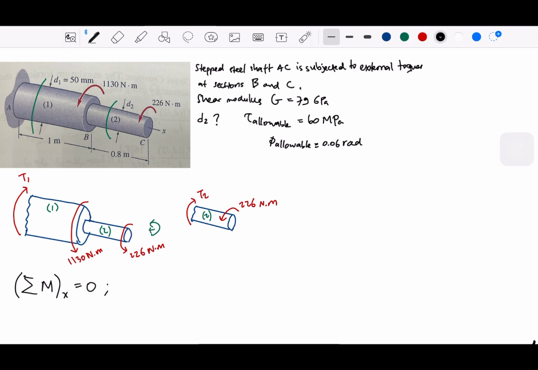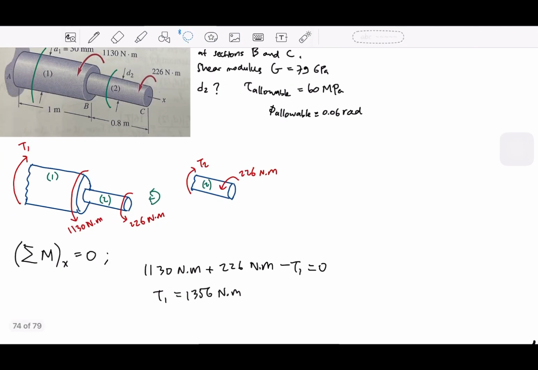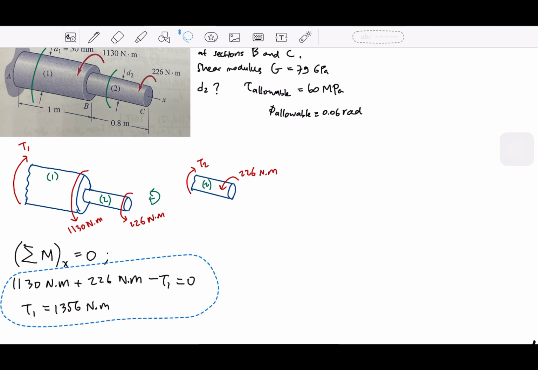So we could have 1130 Newton meter plus 226 Newton meter minus T1 is equal to 0. So T1 is 1356 Newton meter. Okay. Let me move this to here.